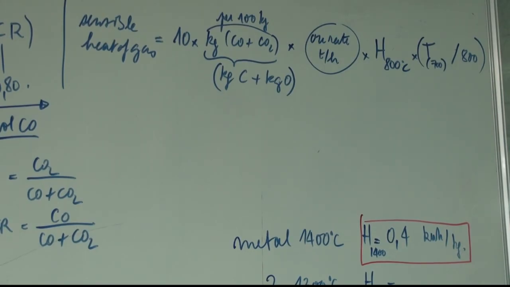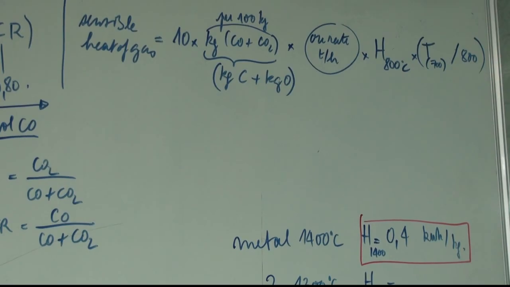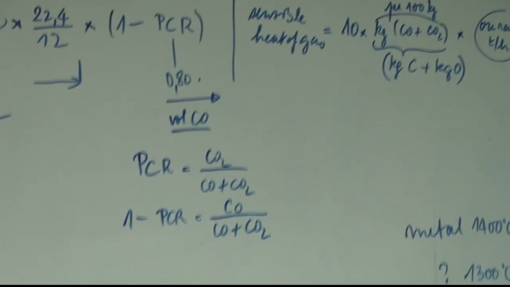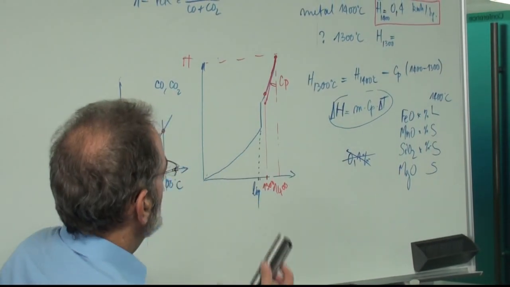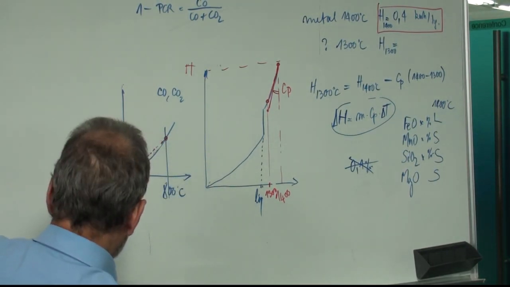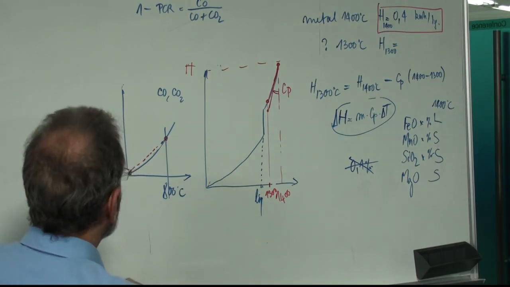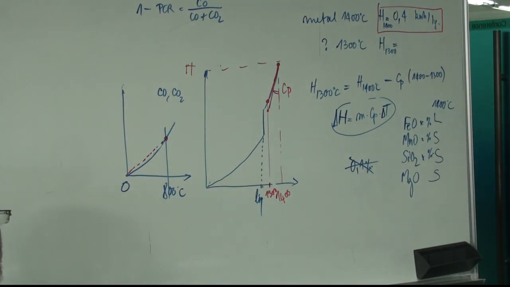Why T divided 800? Is it delta T? No. In case of gas, you see, in case of liquid, it is a delta T. I use a delta T in comparison with a reference temperature which is 1400 degrees C. Here it's not a delta T, but it's just a T. The gas temperature difference is 800 or 700, isn't it?